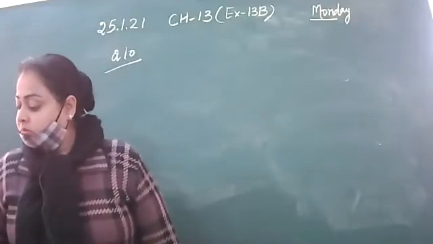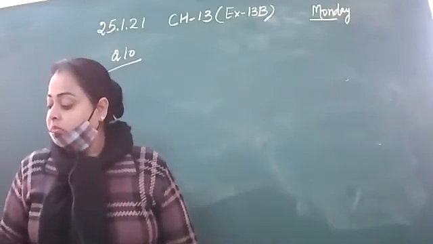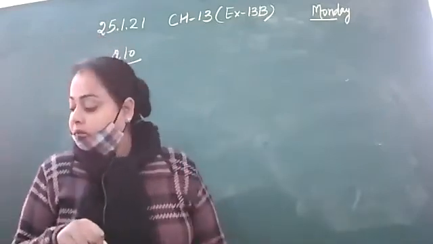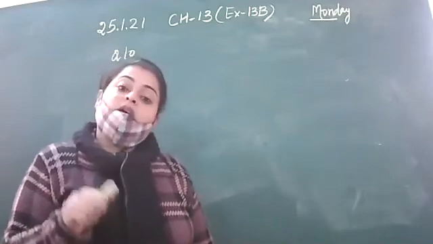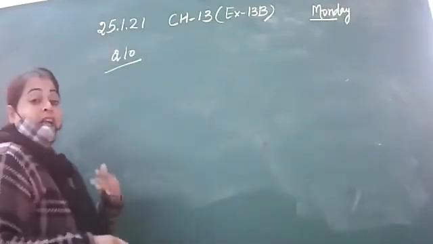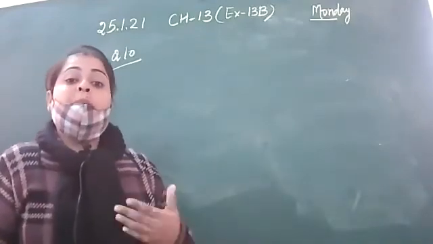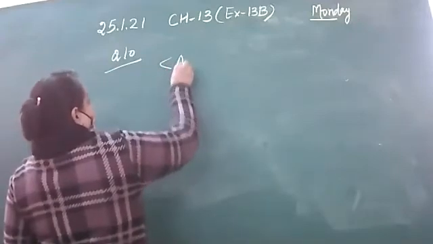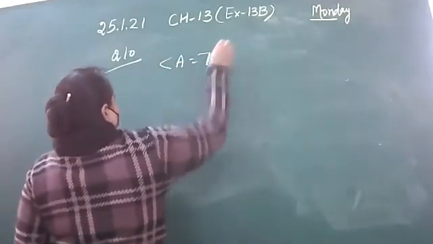Ma'am, first we give names to 75 degree, 75 degree and 110 degree. That is A, B, C. Very good. First of all, we will assign names because names are not given in the book. So angle A is 75.